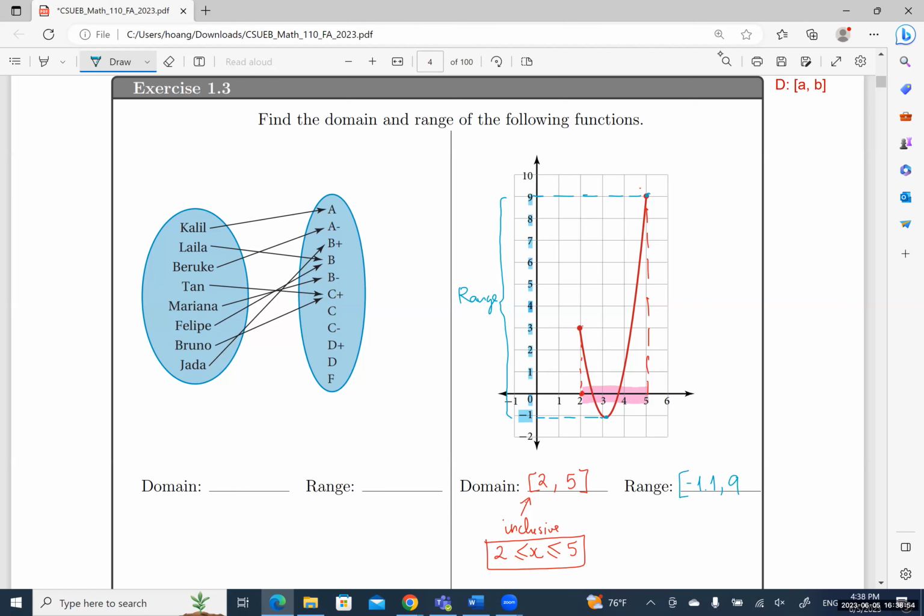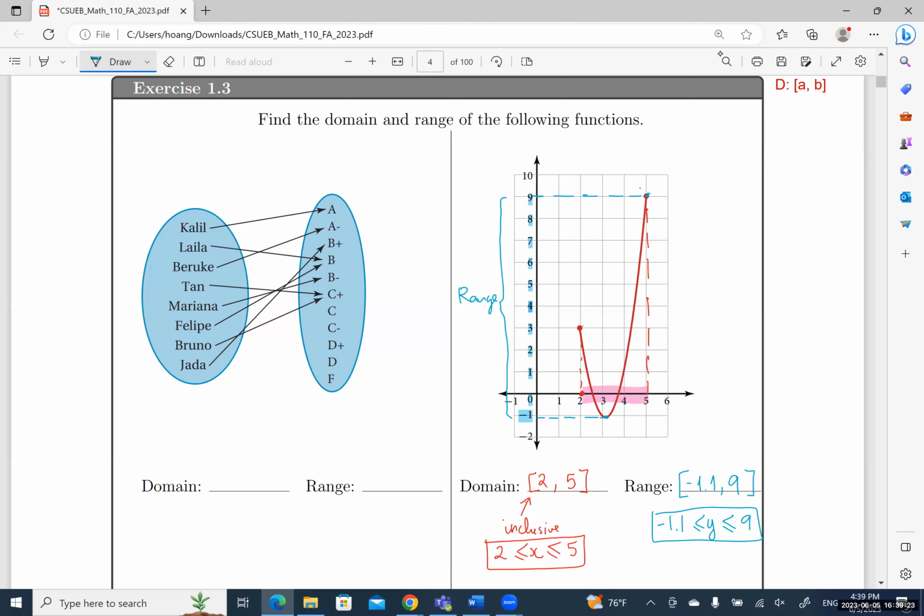So inclusive, because it includes up to there. Another way to write it in inequality notation, you can write y is in between negative 1.1 and 9, with the equal sign. So both answers should be okay to me.